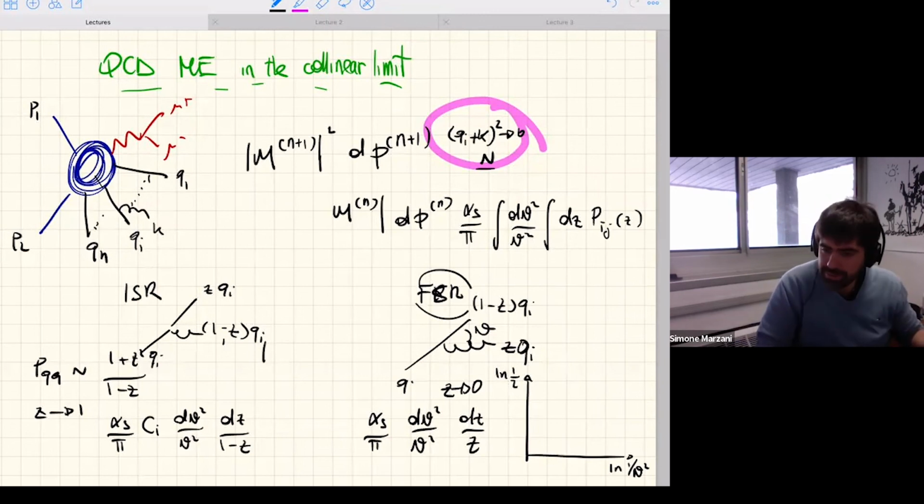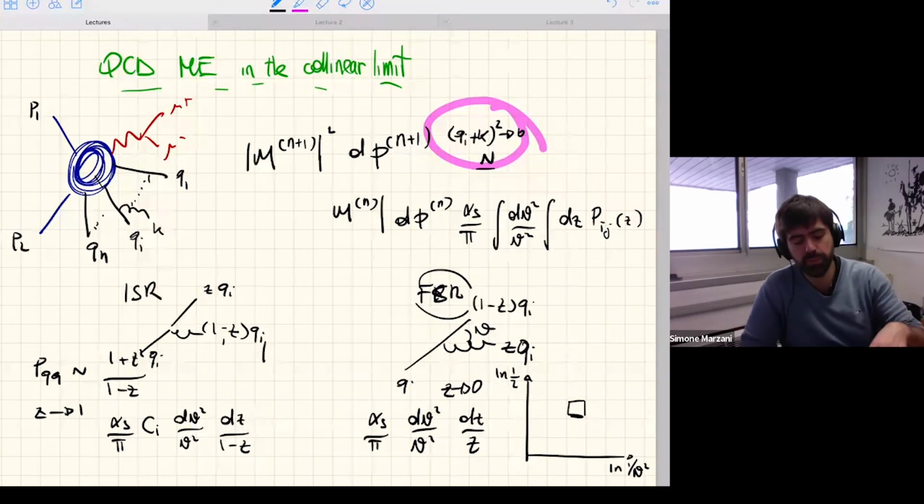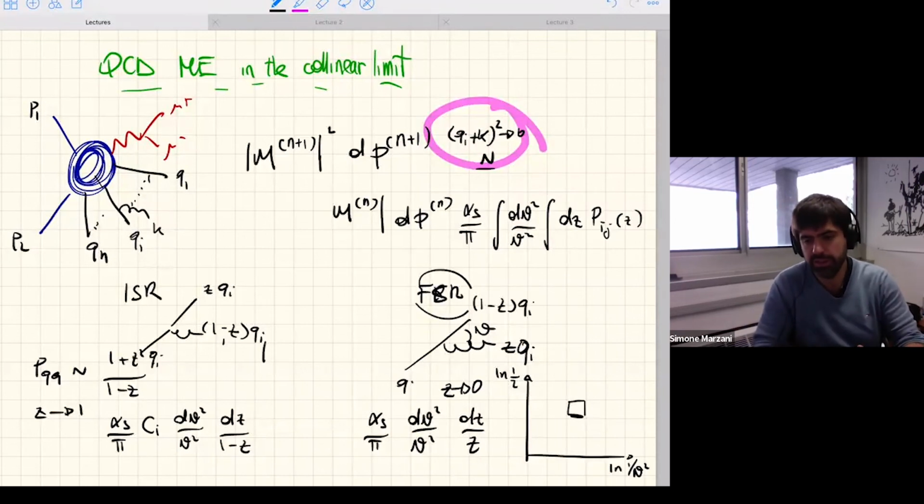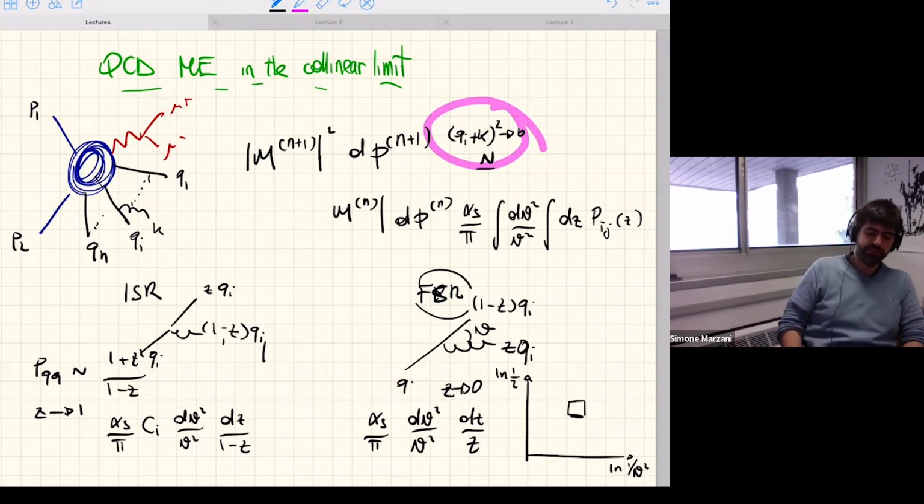So if you have many emissions, all soft and collinear, the probability that they end up in a given area of this plane is proportional to the area. We can populate this plane exploiting the fact that the area is proportional to the probability. At this moment it's just information; we're going to exploit this towards the end of this lecture.